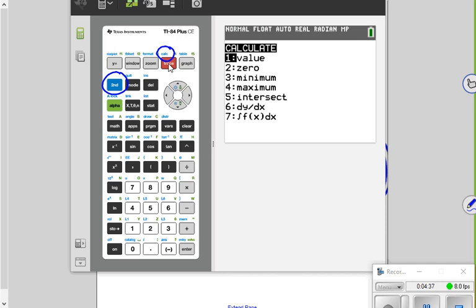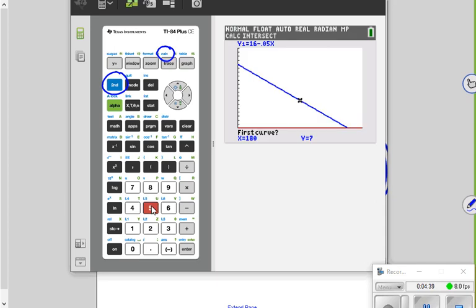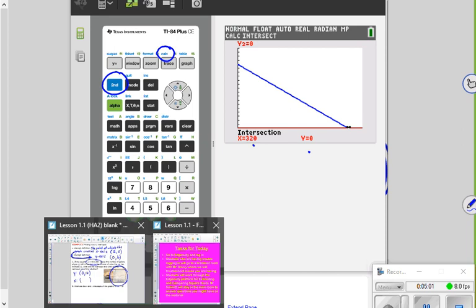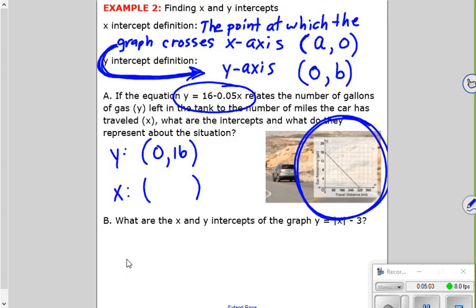Option 5 will allow you to find the intersection between the two lines. This early in the year, when we're only dealing with two lines, you can just hit enter, enter, enter, and you're there. The intersection is (320, 0).